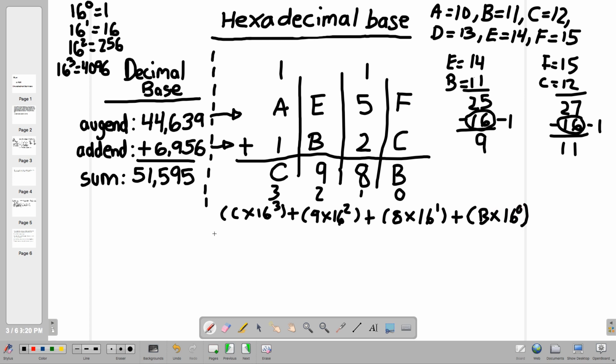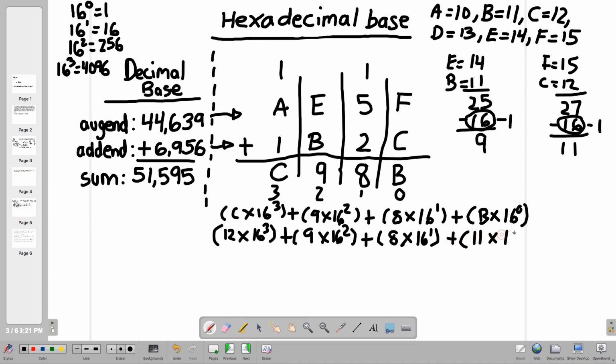This is also the same as saying 12, because C in hexadecimal represents 12, times 16 to the third power. And of course we have 9 times 16 to the second power. Then we have 8 times 16 to the first power. And B is the same as having times 16 to the 0 power.